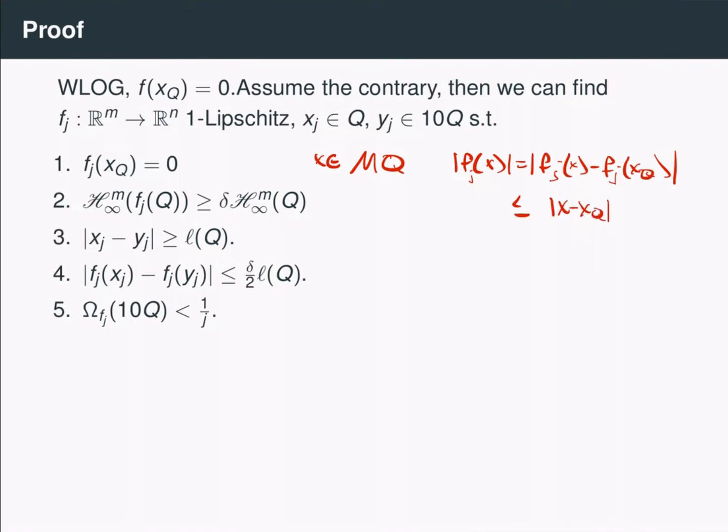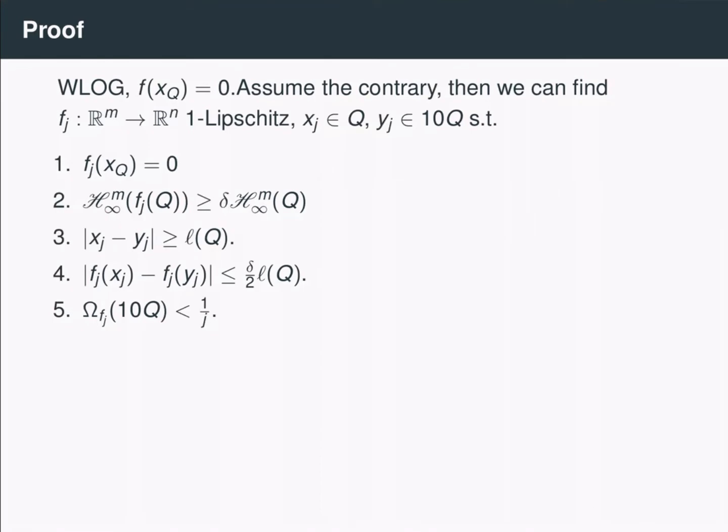And since both are in the cube mq, this is at most m times the diameter of q. And thus, we see that the functions fj are uniformly bounded on the dilate mq. And since any compact set can be contained in such a dilate, that means that the functions are uniformly bounded on compact sets.